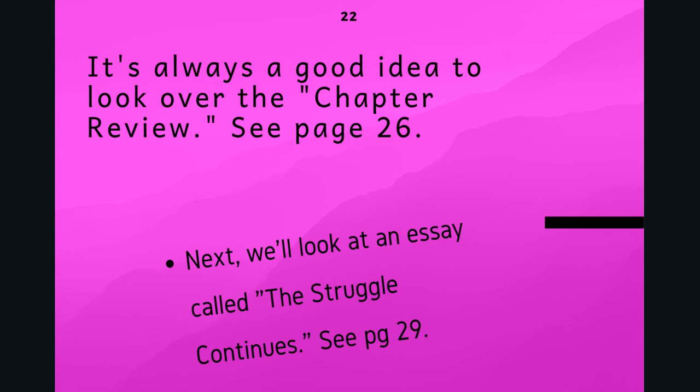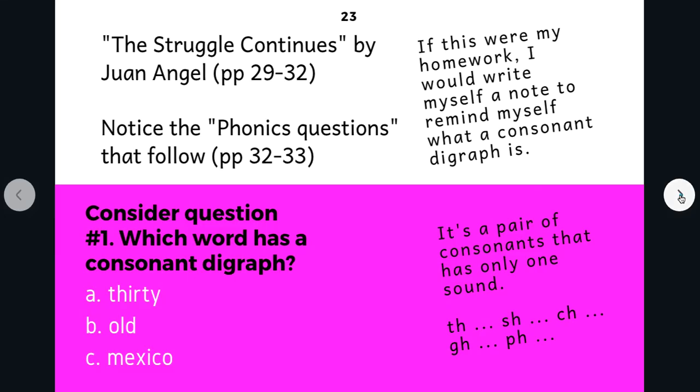All right, so after this, you're going to go take a quiz. It's going to be totally based on practice 7, right, which we just went over and which you hopefully did in your notebook, and you can look at your notes during the quiz. That's fine. It's open book. And then the next thing you're going to find is that I made a second presentation regarding The Struggle Continues by Juan Angel. And that's on pages 29 to 32.